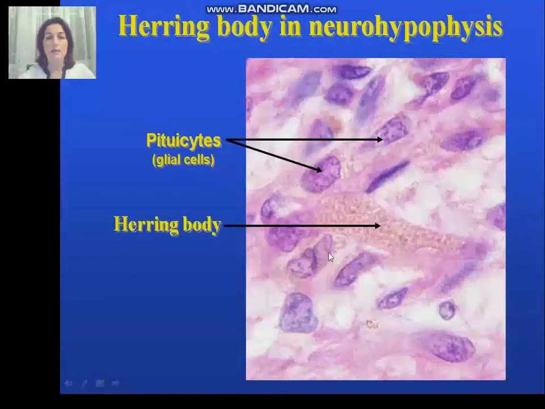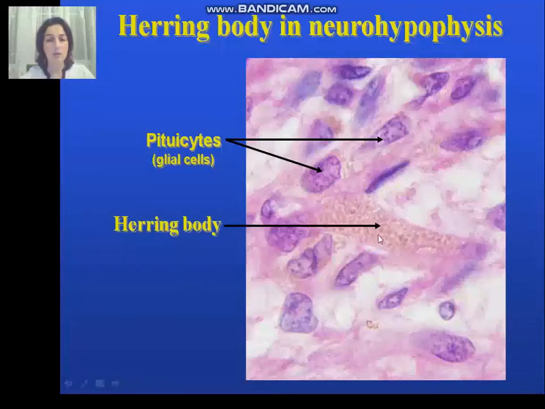Now we are looking at the neurohypophysis slide, a histological section of the neurohypophysis. The neurohypophysis, as we know, develops from the diencephalon. It includes neural tissue, and here we can find pituicytes. These are glial cells of the pituitary gland, and they have a supportive function here. We also have the dilatations of the terminals of the axons of neurosecretory cells, which come here from the hypothalamus.